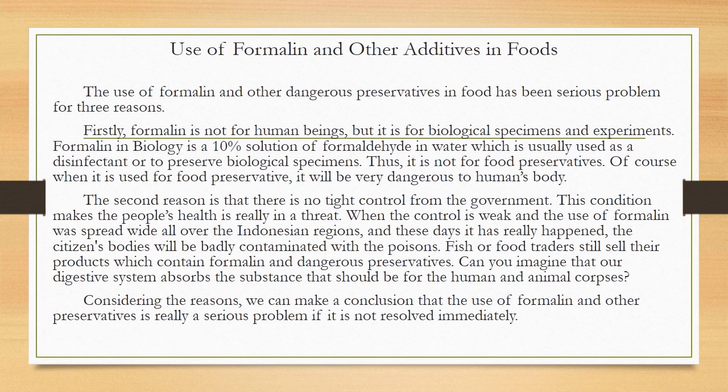Now pay attention on this text entitled The Use of Formalin and Other Additives in Foods. Read carefully and try to understand.